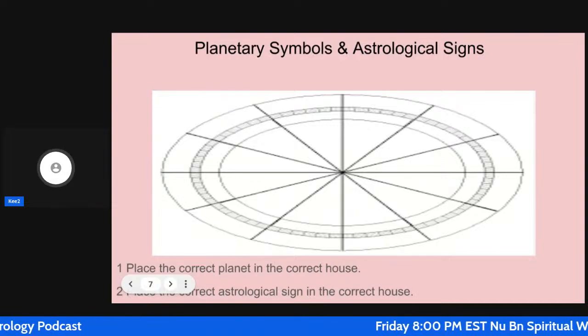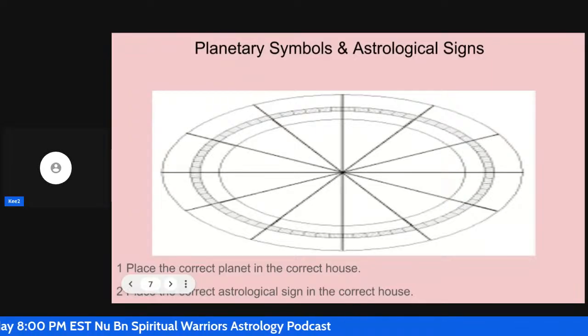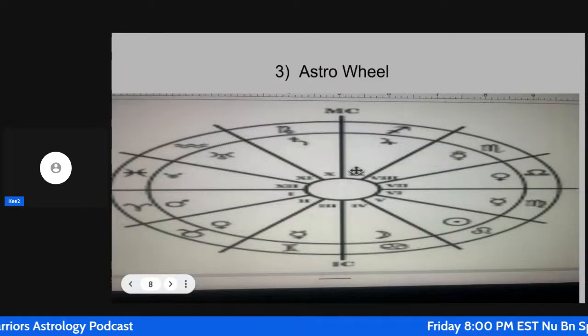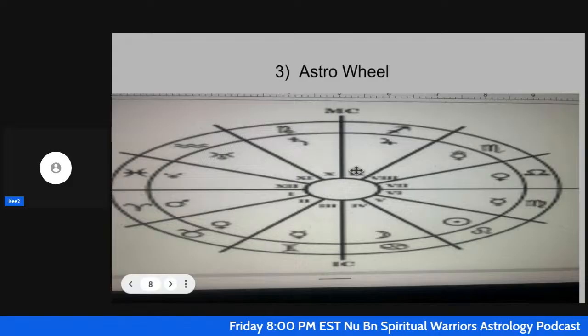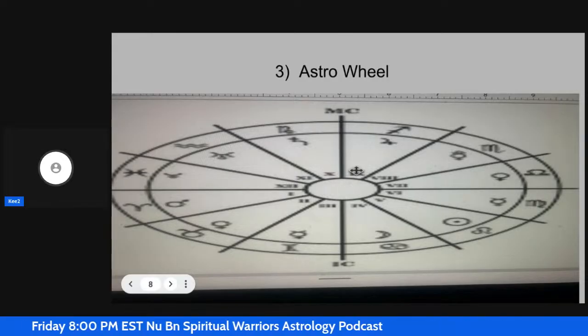So you should be able to fill out more information than you previously were able to when you first began. This is what it should look like. So keep working on this until you are able to complete all 12 houses.